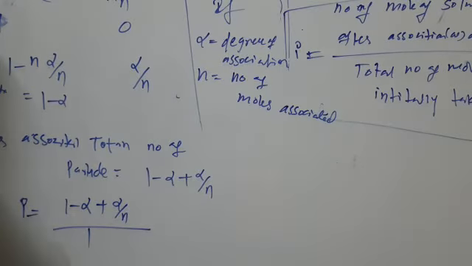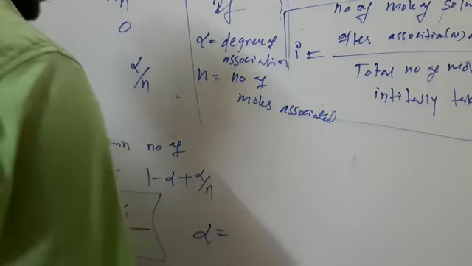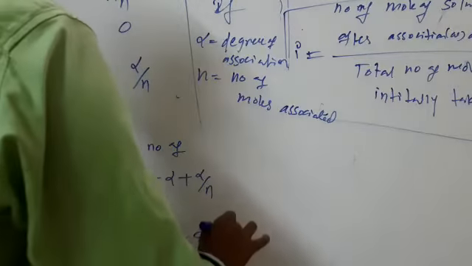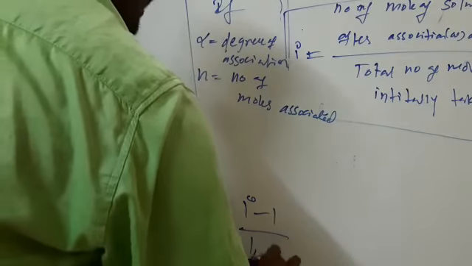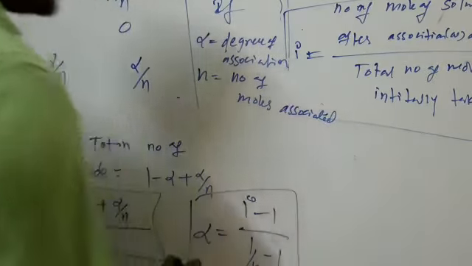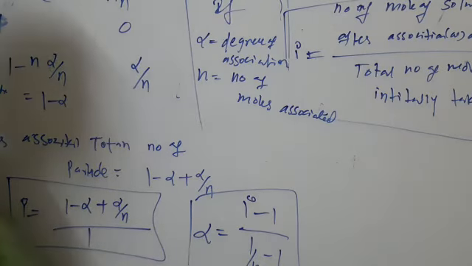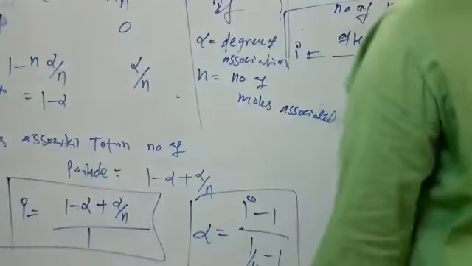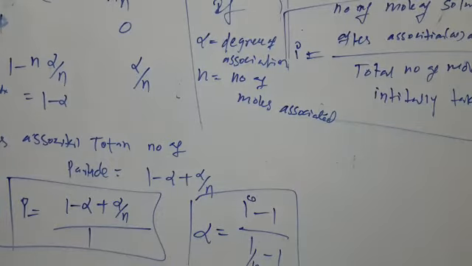If you simplify this, the degree of association alpha equals i minus 1 by n minus 1. You just have to remember these formulas. So for association and dissociation, we can calculate the i factor like this.